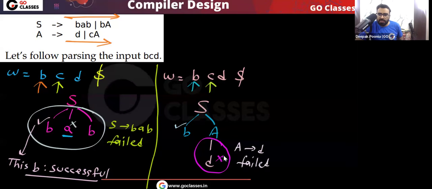Now remember, when A going to D failed, I will undo this bad choice, I will backtrack, I will go to A and try the next A production.